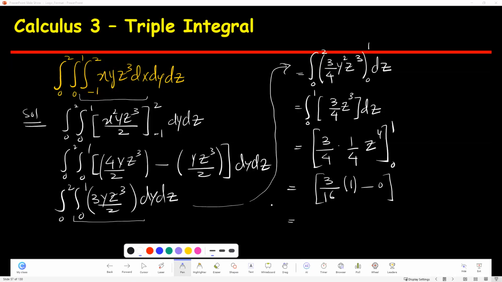I think I messed up somewhere. Yeah, that should be 2. So 2 to 0, I'm going to apply here: 2 to the power 4 minus 0. And this one is 16, so we'll be cancelling out. So my answer is 3.